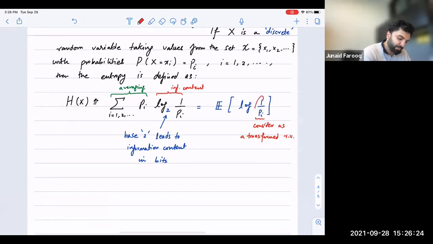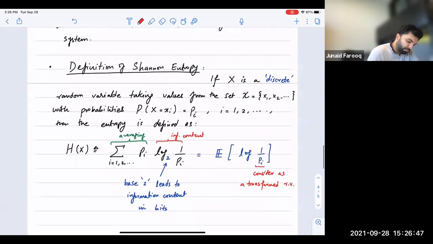So you consider 1 over pi as a transformed variable, and then each of them has the probability pi. So that's the computation of the expectation. And we'll get there with a few examples, and hopefully that will make it clear.